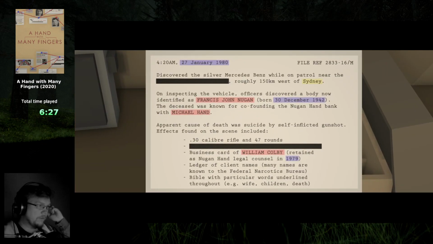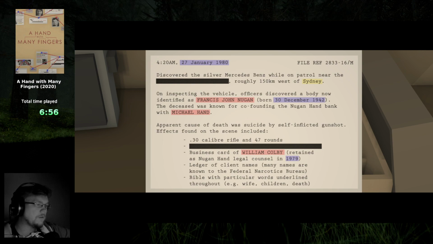Discovered silver Mercedes-Benz while on patrol roughly 150 kilometers west of Sydney. On inspecting the vehicle, officers discovered a body now identified as Francis John Nugan. The deceased was known for co-founding Nugan Hand Bank with Michael Hand. Apparent cause of death was suicide by self-inflicted gunshot.